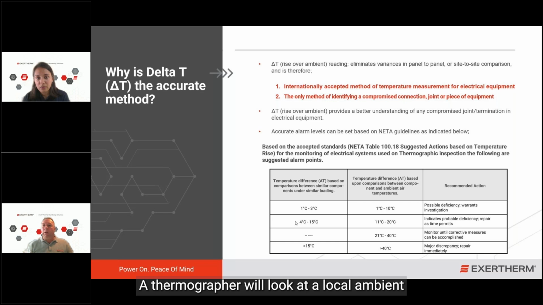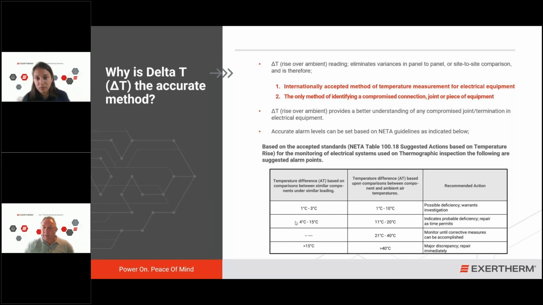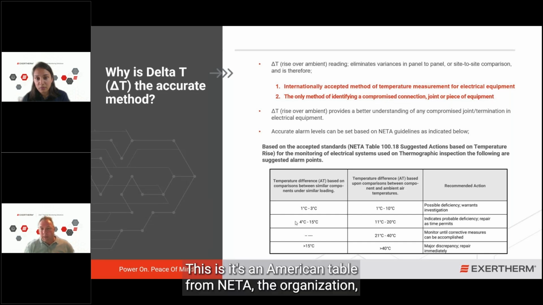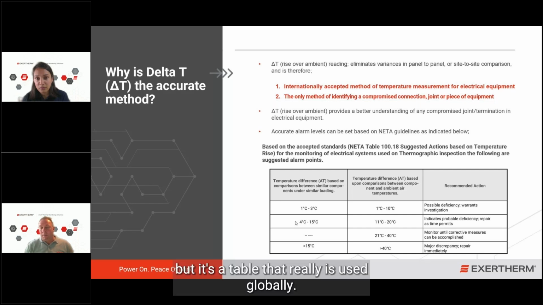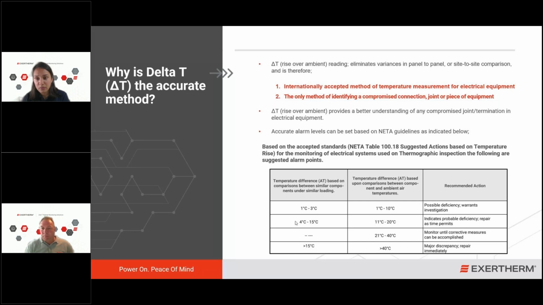A thermographer will look at a local ambient on a component near to the connection and then compare the connection point to that ambient and compare it against this table. Yes, it's an American table from NETA, the organization, but it's a table that really is used globally.